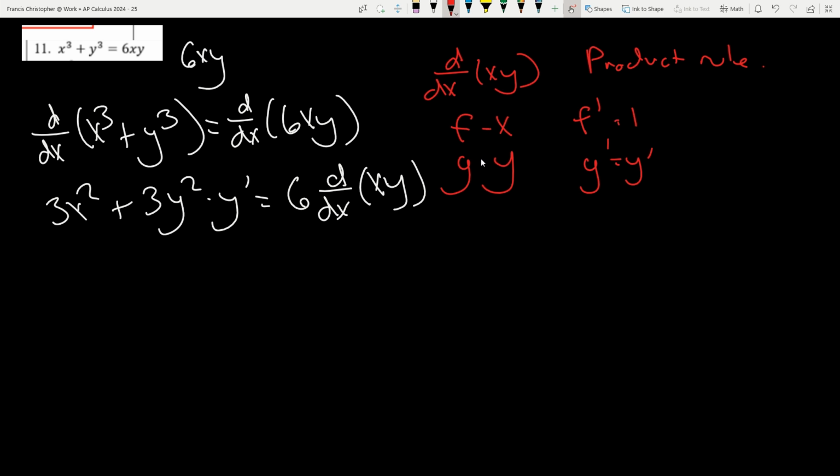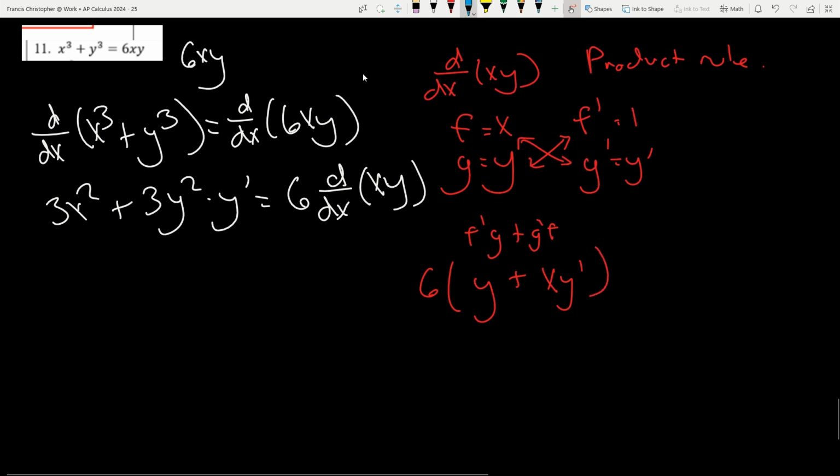All red equals. And remember product rule, f prime g plus g prime f. So we're going to multiply these two things, 1 and y, plus these two things, x and y prime. So it wasn't actually that bad. And then of course we're going to multiply this by 6 to get this.